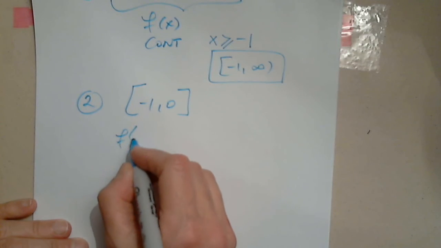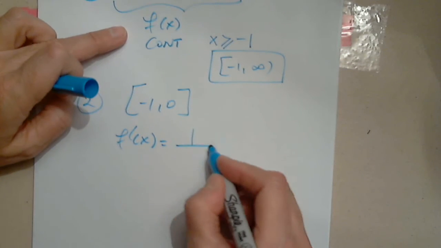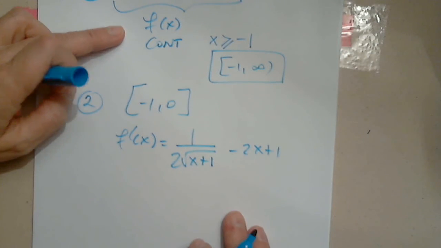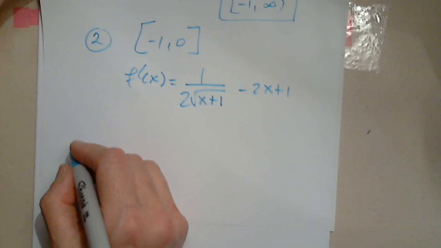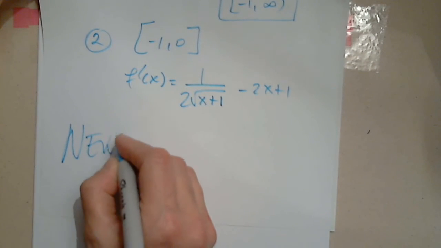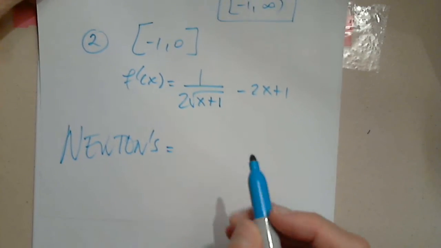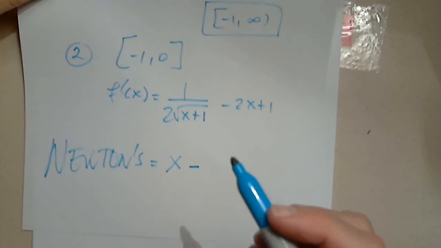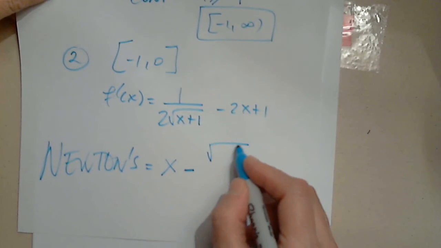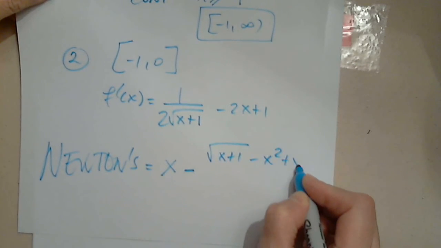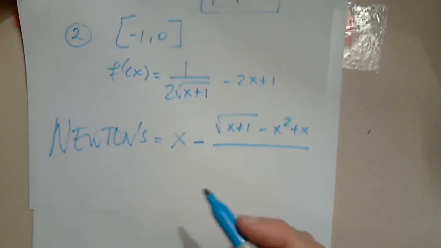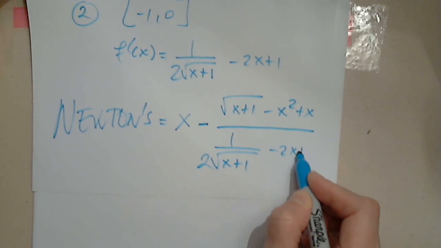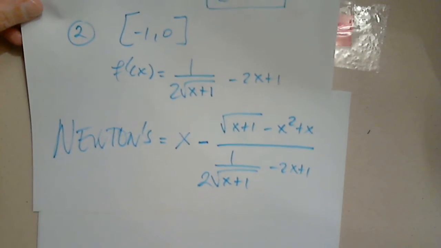I will find f prime, 1 over 2 the square root of x plus 1 minus 2x plus 1. I will write Newton's method with x0 minus f of x over the derivative, and we have to decide how to start.